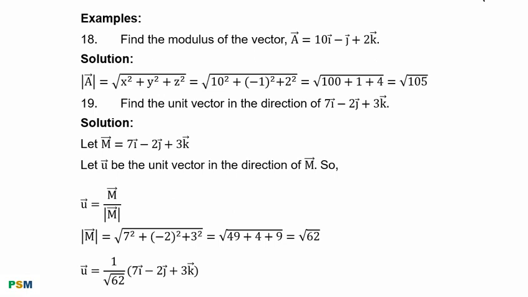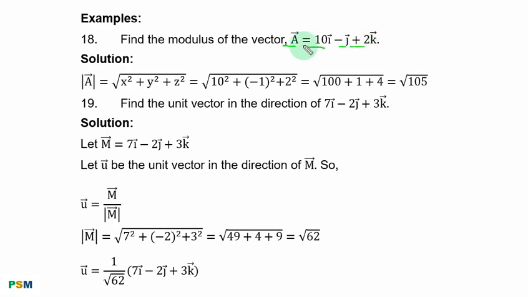Example 18. Find the modulus of the vector A equal to 10 vector i minus vector j plus 2 times vector k. Solution.